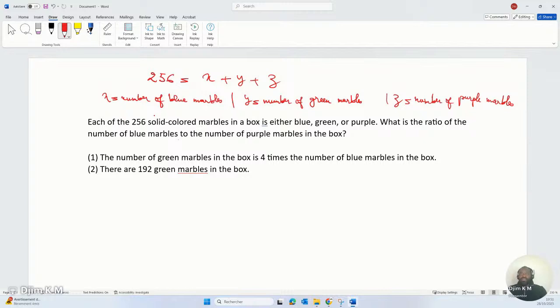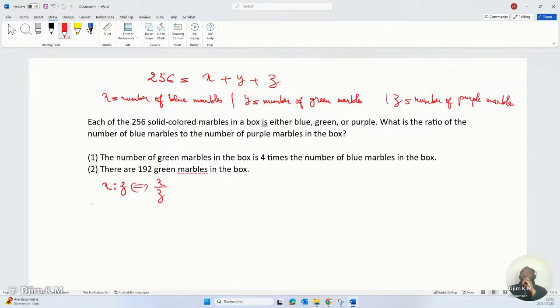Okay, so we need to find the ratio of the number of blue marbles to the number of purple marbles, so we need to find x over z. But what do we know?